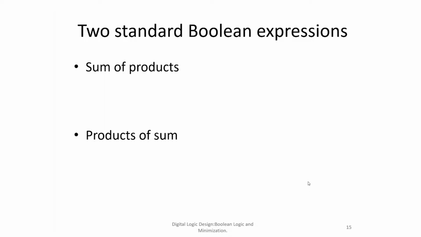Two standard Boolean expression forms are sum of product and product of sum. In sum of products, there would be terms. So let's first understand the difference between a term and a literal. Here a or a dash, b or b dash: one variable either in the complemented form or in the original form forms one literal.